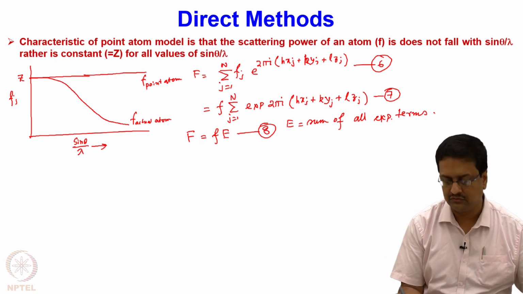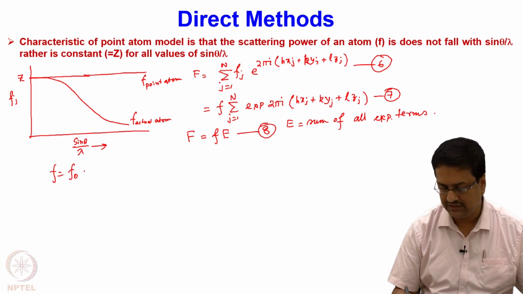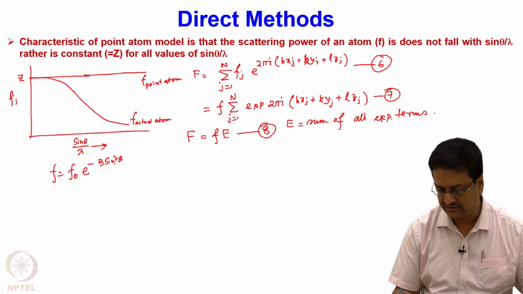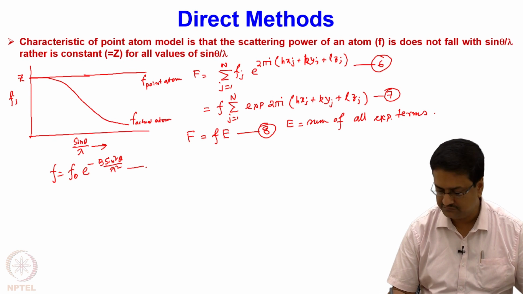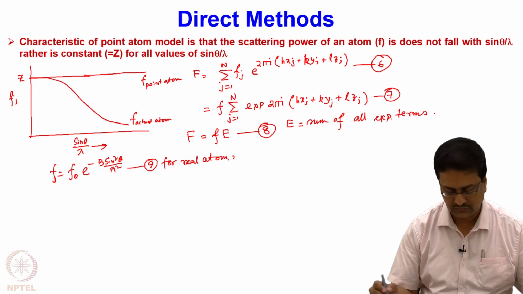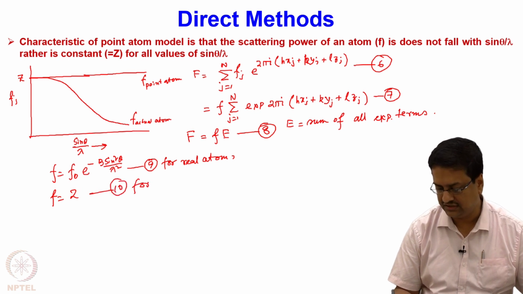Now, as we know that the scattering factor f is equal to f_0 e to the power minus B sin square theta by lambda square for a real atom, we should write f equal to Z for a point atom.